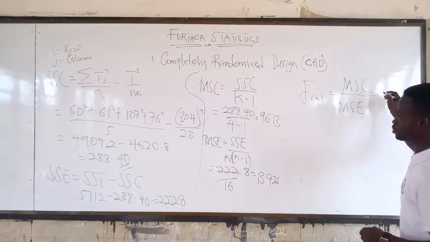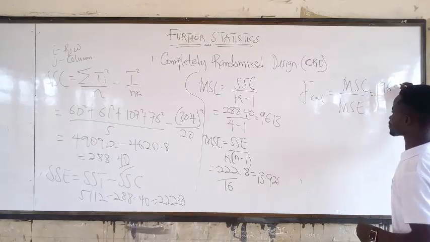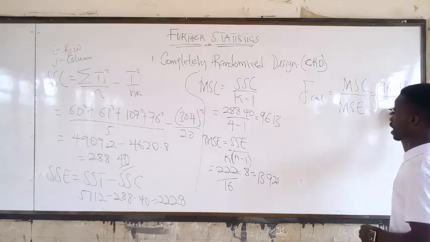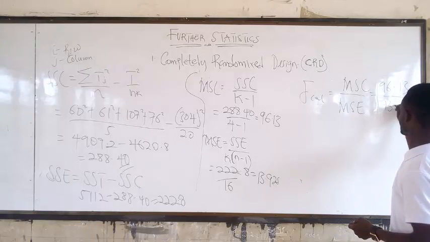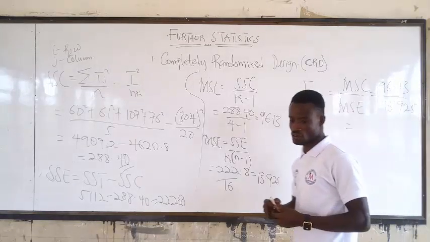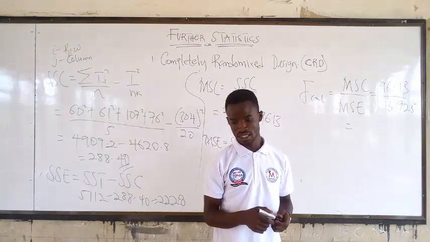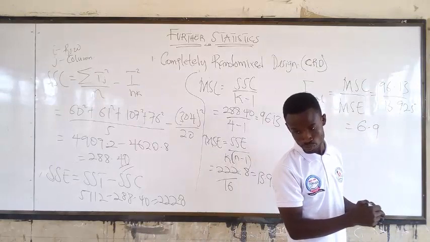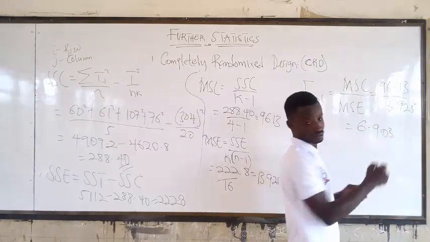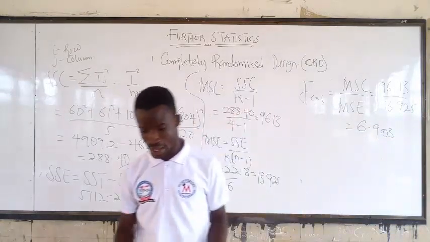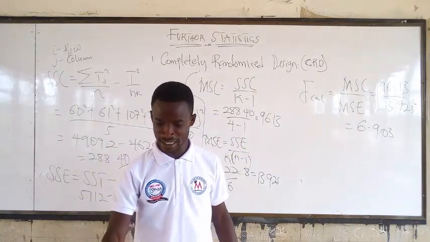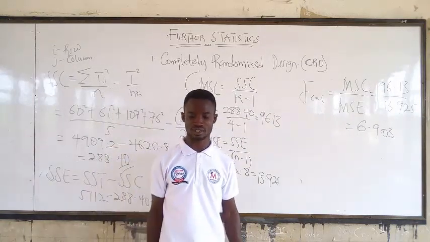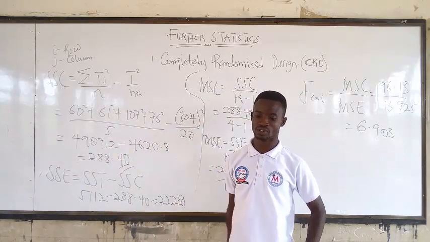And we know that to be 96.13 over 13.925. And the result of this will give you 6.903. So, alright, after getting this, that becomes your test statistic.